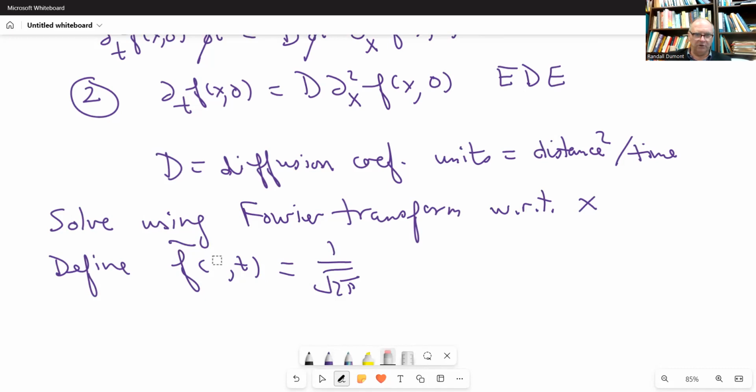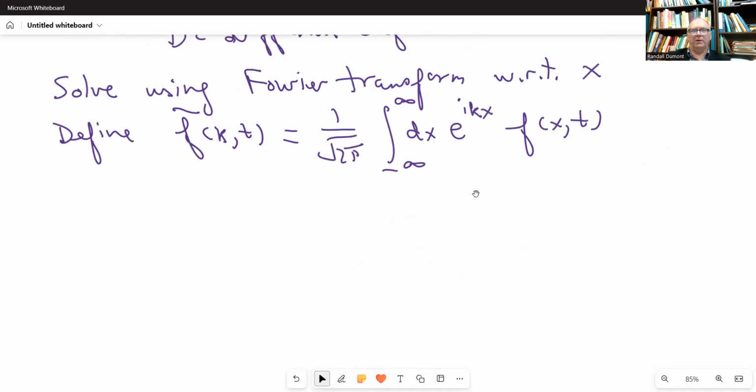So this is now a function of k, and the Fourier transform with respect to x is the integral of e to the i k x and f of x, t. There is a normalization factor, which is convenient. It makes it symmetrical with respect to the inverse transform.